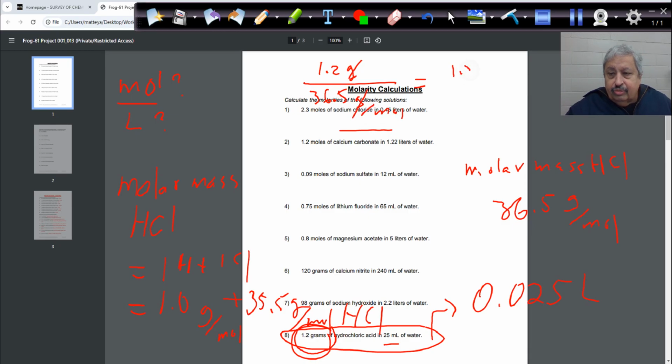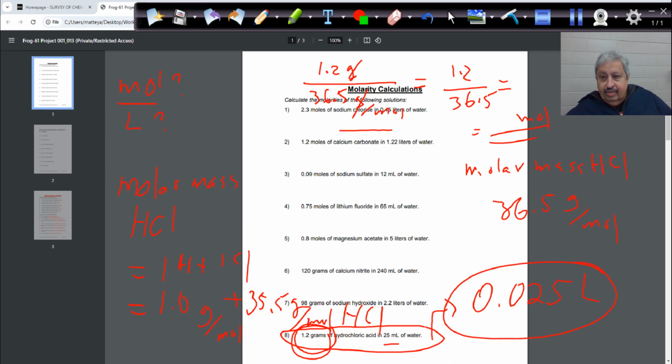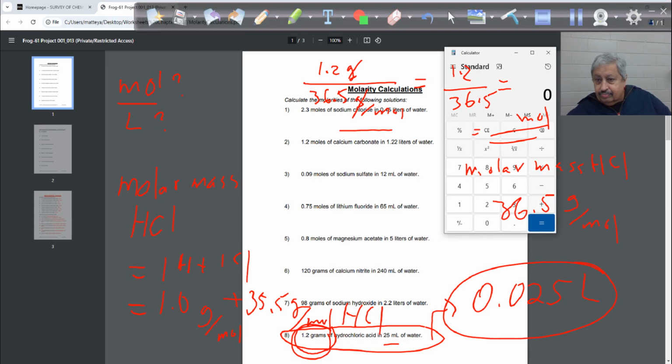I have 1.2 divided by 36.5, and the mole will come up as the unit. 1.2 divided by 36.5, that will be 0.0329.